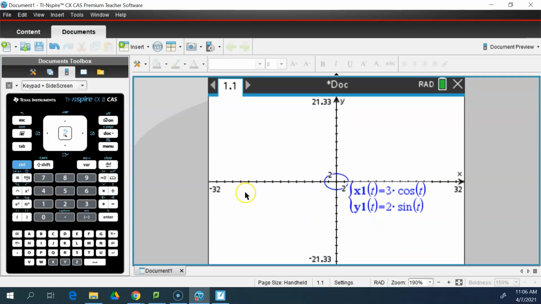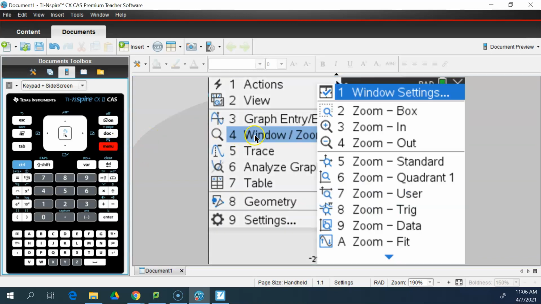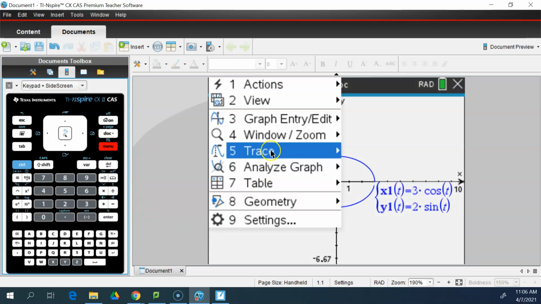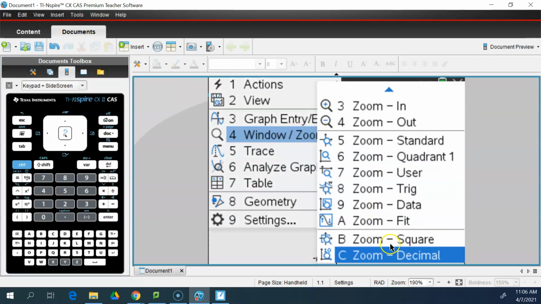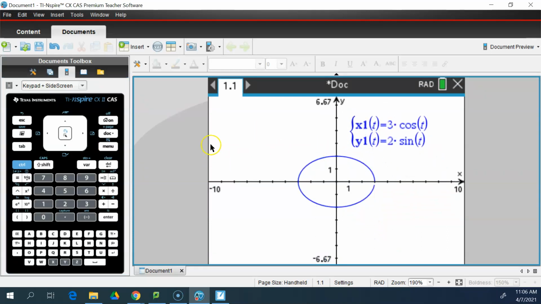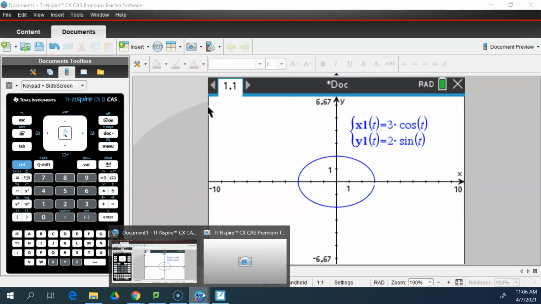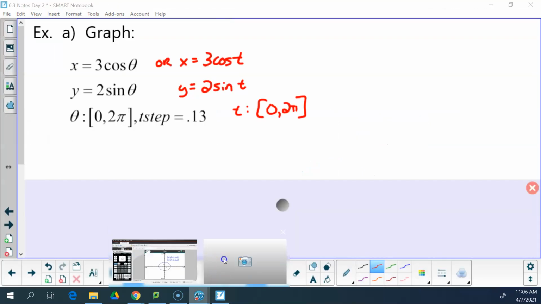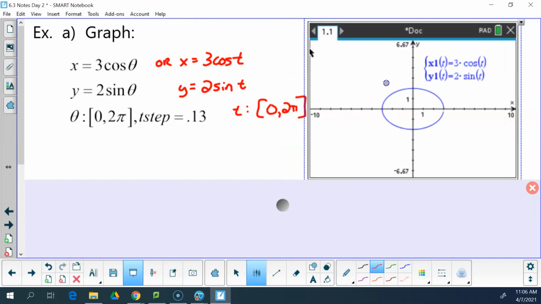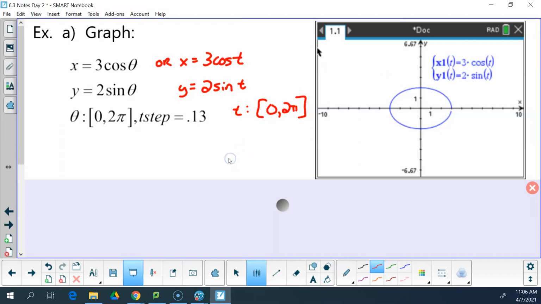Let me get back to window, zoom, standard, there we go, now it's better. Now if I window, zoom, square, that gets me the same. There it is. Love it.